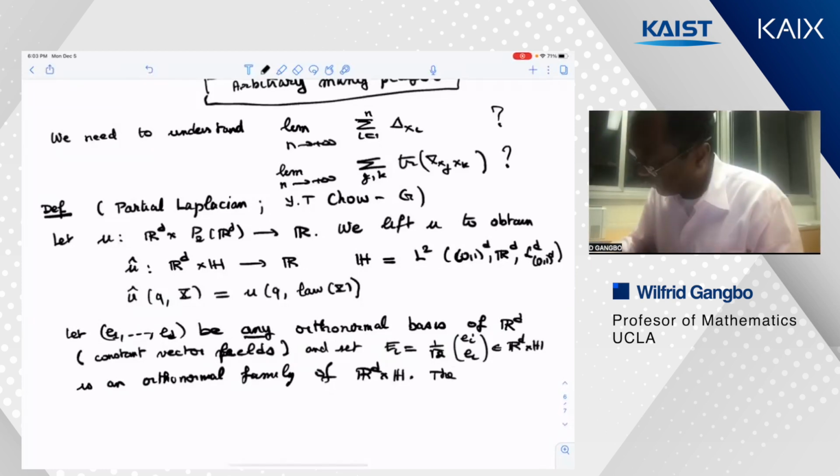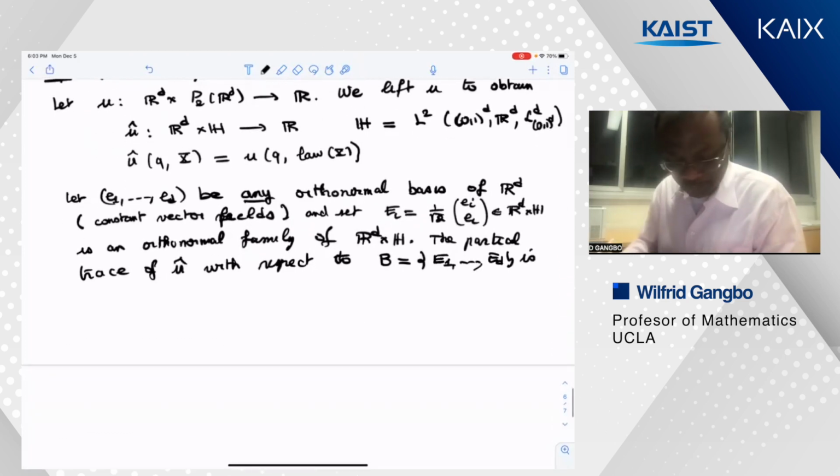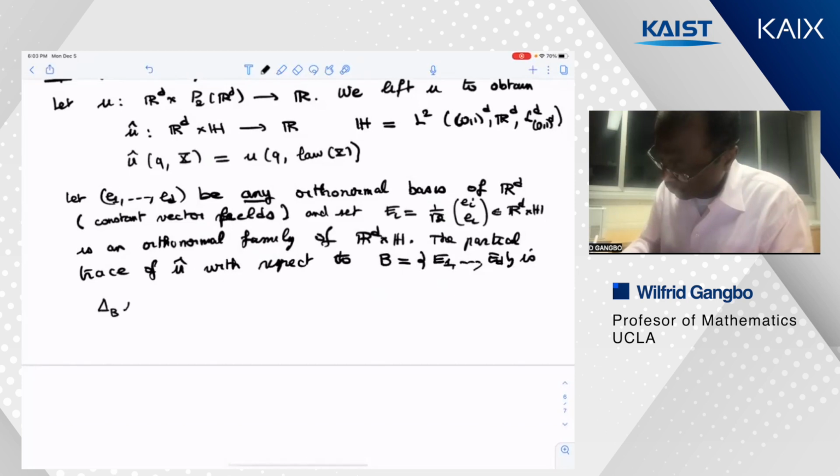The partial trace of U hat with respect to the orthonormal family E1, ..., ED is, I will use the following notation, U hat at (q, X).